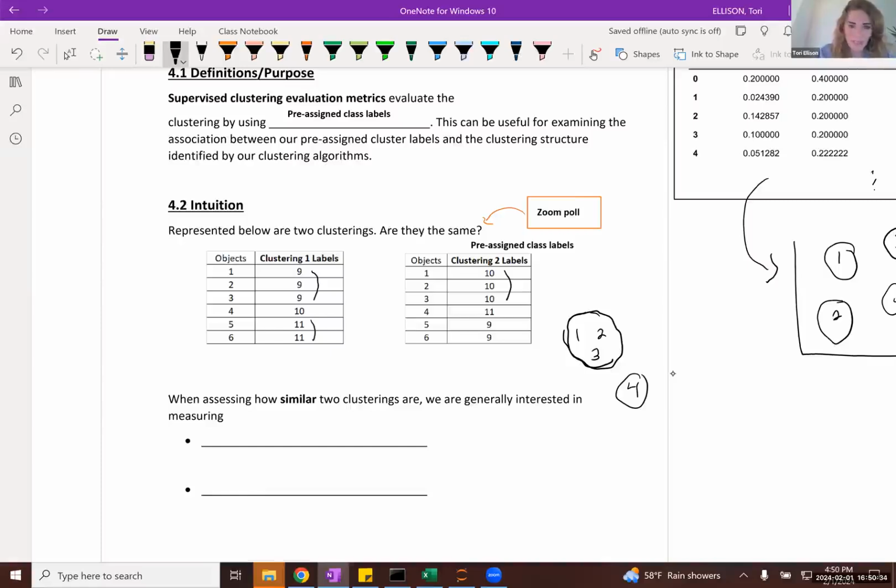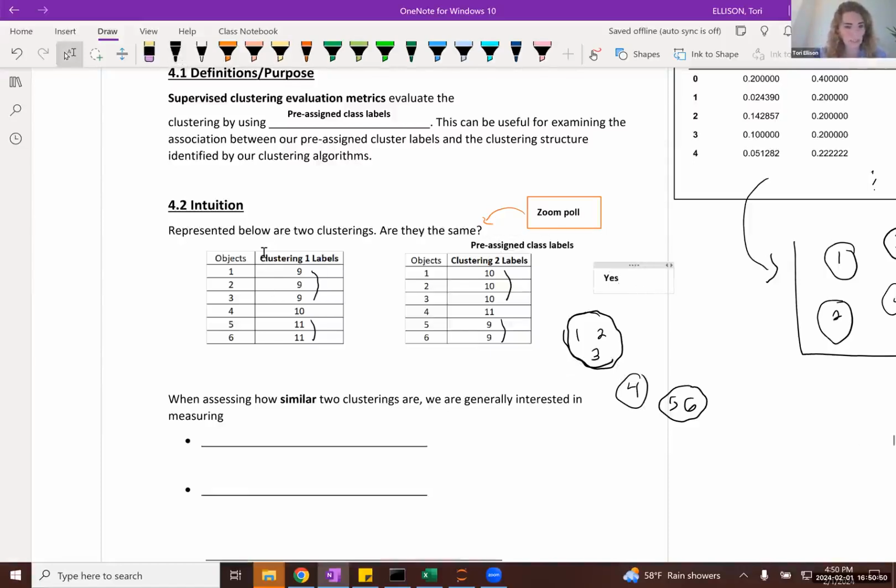And because 5 and 6 also have a distinct cluster label, they are together in a cluster. So yes, this is in fact the same clustering of the same data set.